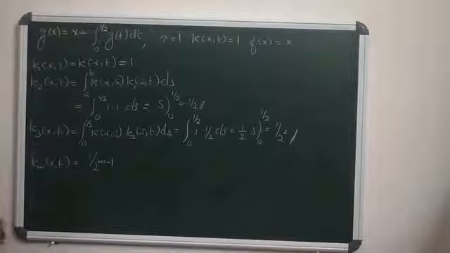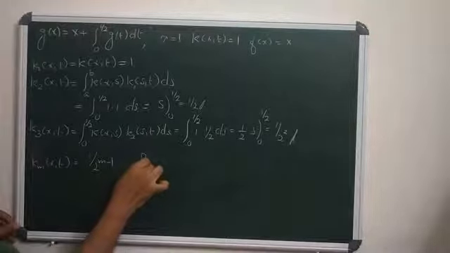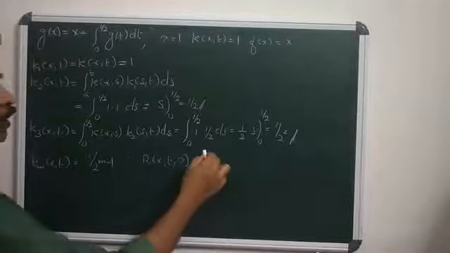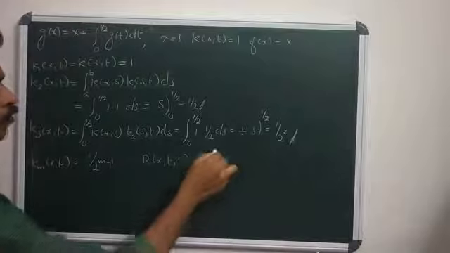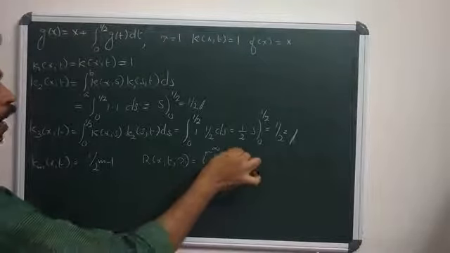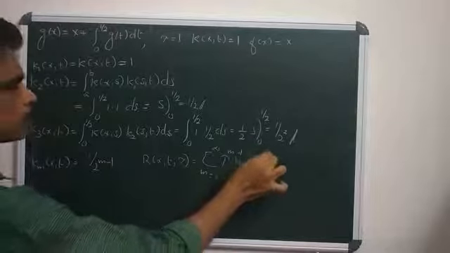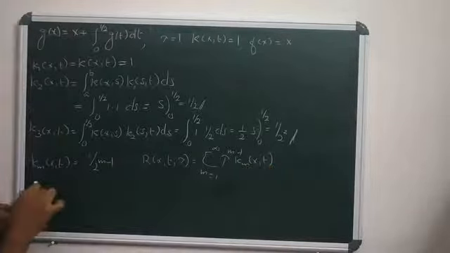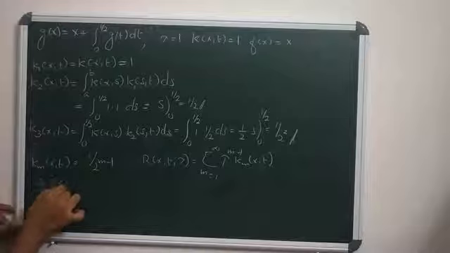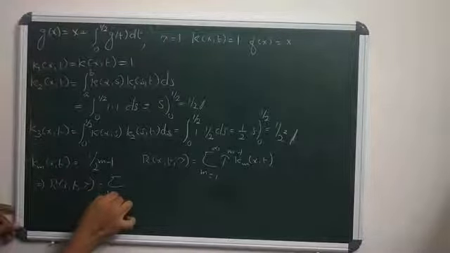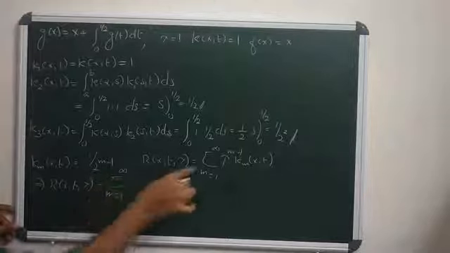Okay. Therefore, the resolvent kernel R(x,t,lambda). What is R(x,t,lambda)? R(x,t,lambda) is sigma m ranges from 1 to infinity lambda power m minus 1 km(x,t).